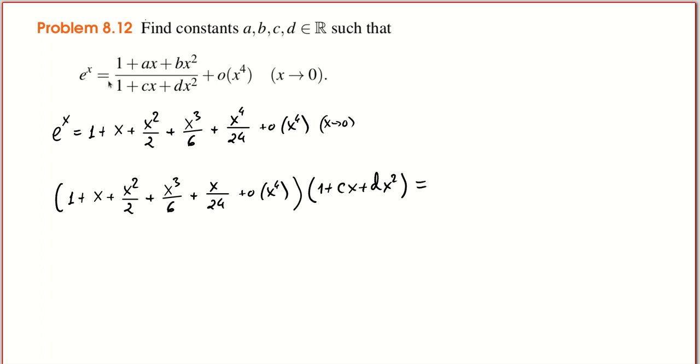And then that is equal to the numerator, of course, 1 plus ax plus bx squared, plus, and then I have to multiply o(x^4) times the denominator.